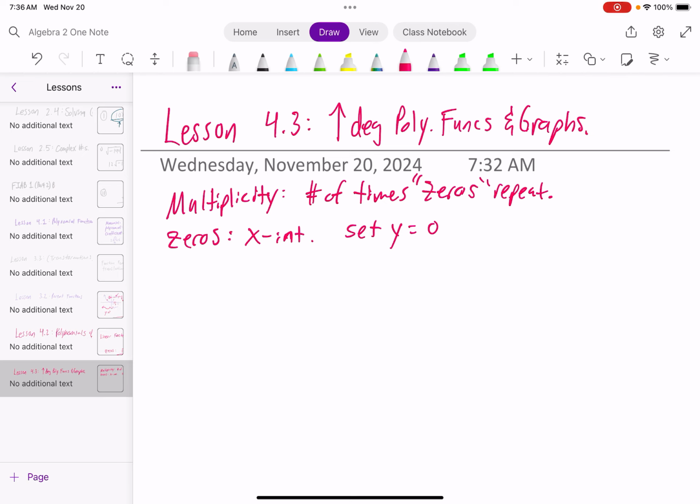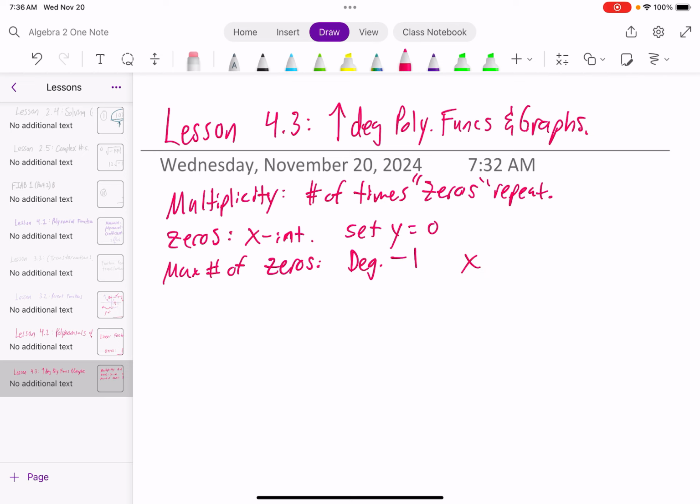We're also going to look at the max number of extremes and the max number of zeros. The max number of zeros, which again are just the x-intercepts, are basically the degree of the function minus 1.